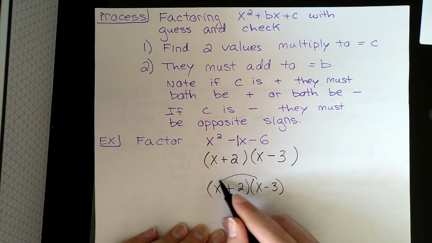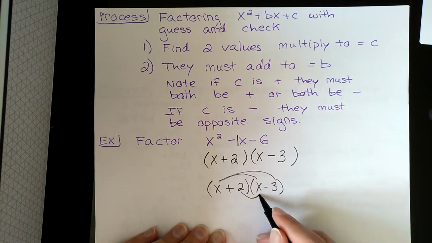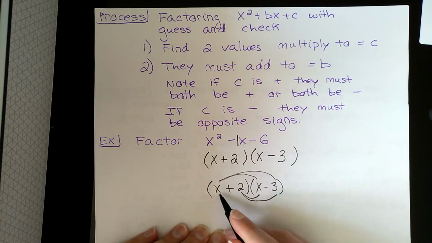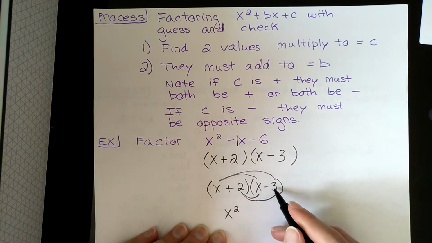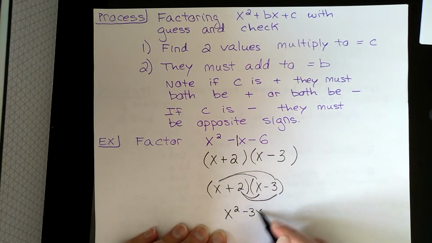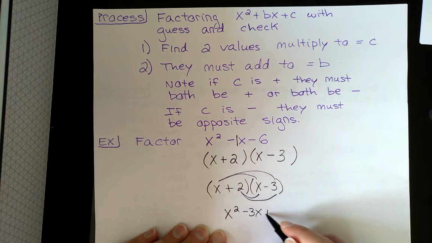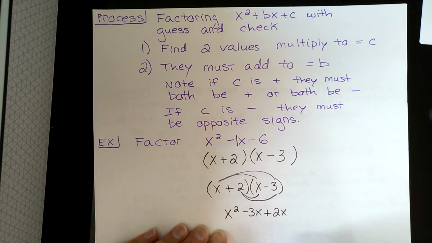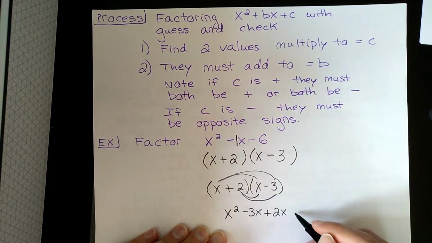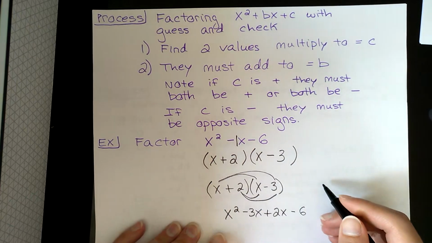If we distribute this x, and then distribute this 2, x times x gives us x squared. X times negative 3 gives us negative 3x. 2 times x gives us plus 2x. And 2 times negative 3 gives us minus 6.